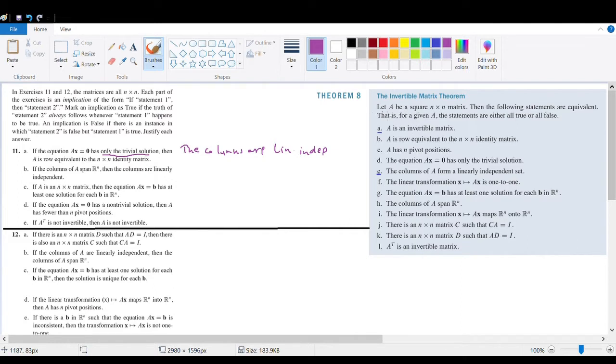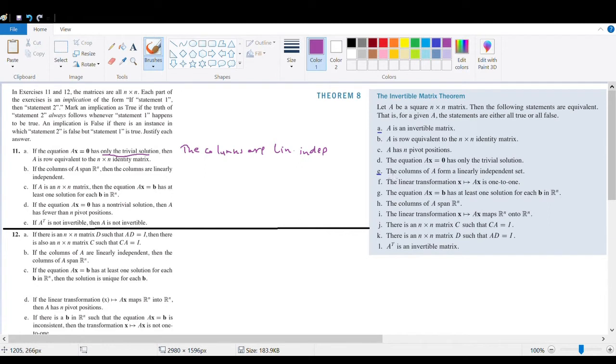According to Theorem 8, if the columns of A are linearly independent, which is part E, then A should be invertible. So that means A can be row reduced to the identity matrix.